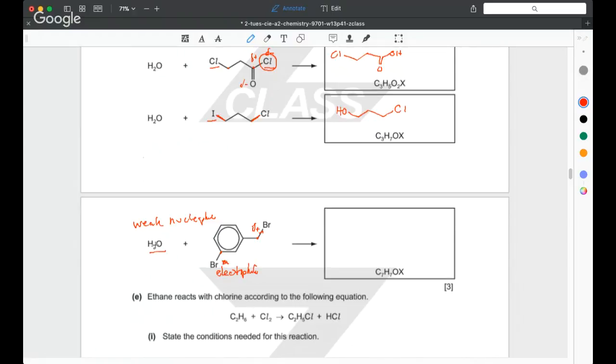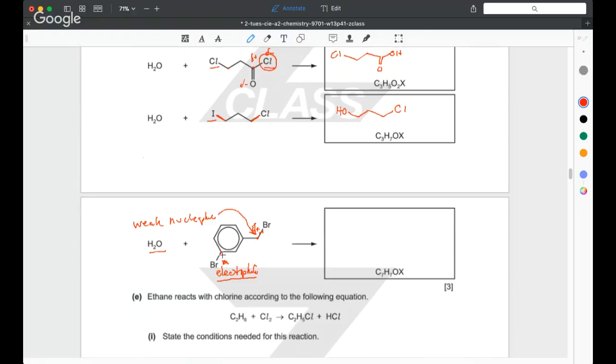And here, well, water is only a weak nucleophile, but at least it's a nucleophile, so the water is going to attack that carbon there. It certainly can't attack the ring system here, because that would require an electrophile to attack it. And so if you had to choose between these two halogens, well, that's the one that's going to react with water as the weak nucleophile.